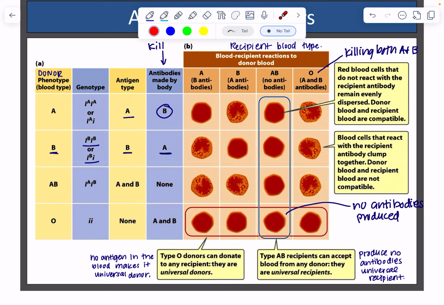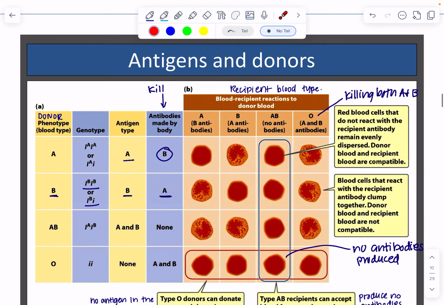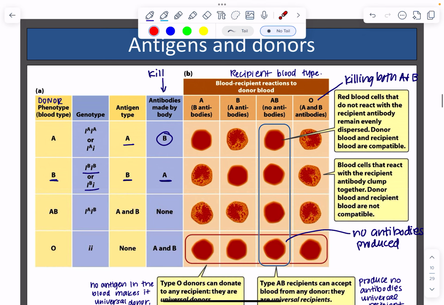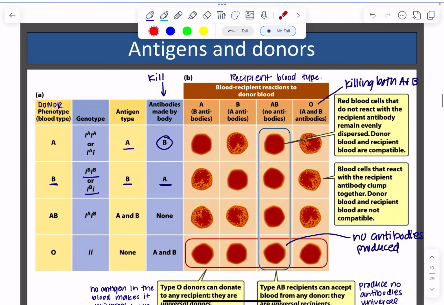The A recipient does make antibodies for B blood. So when it sees any kind of B in the donor blood, it'll attack it, whether or not it has A or not. It will attack anything that has B in it.